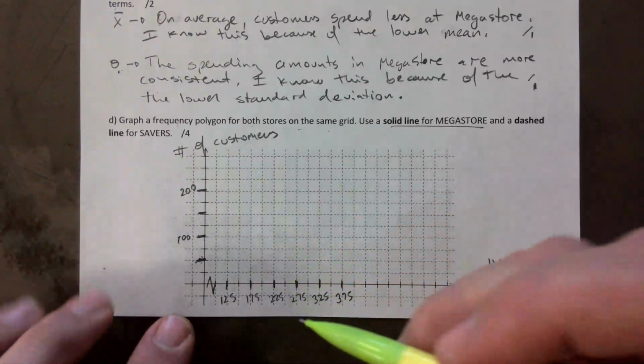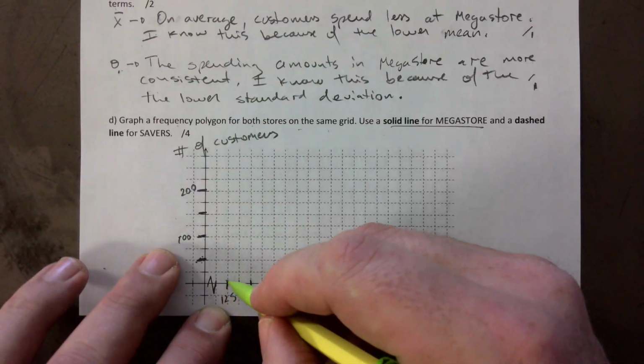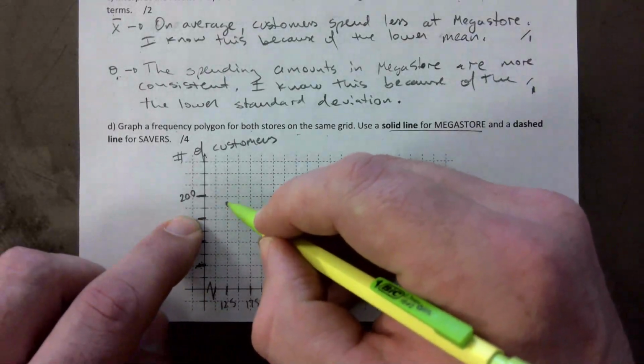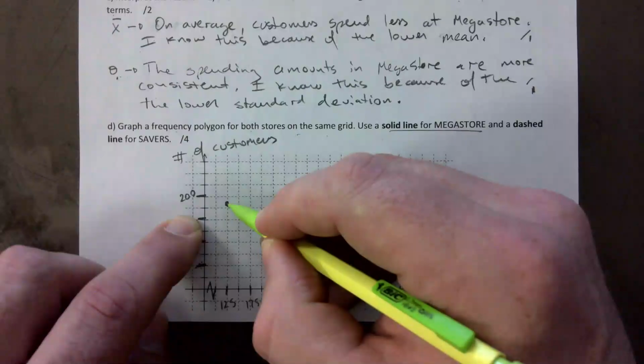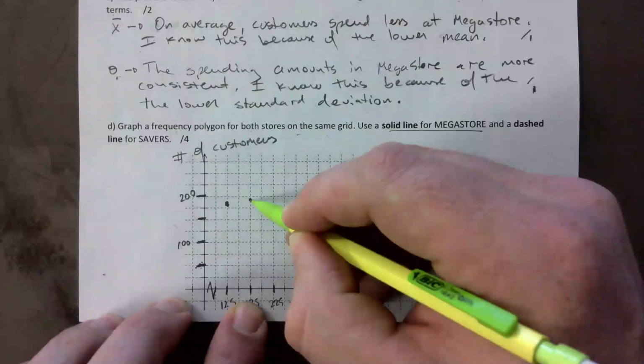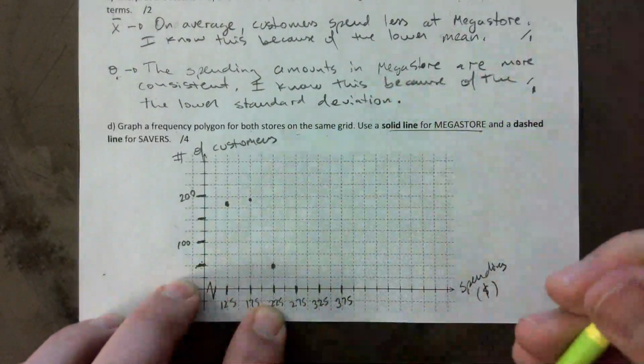And then you just go 125, right? So for 125, let's do Megastore first. It's 170, somewhere in there. And then it's 190 for the next one. And then it's 50 for 225. Yikes.